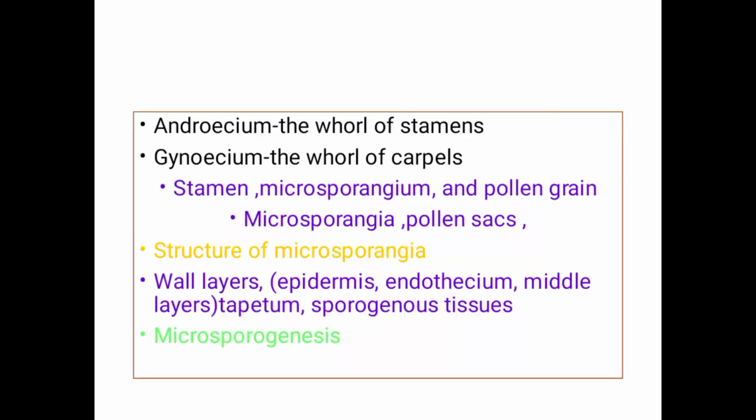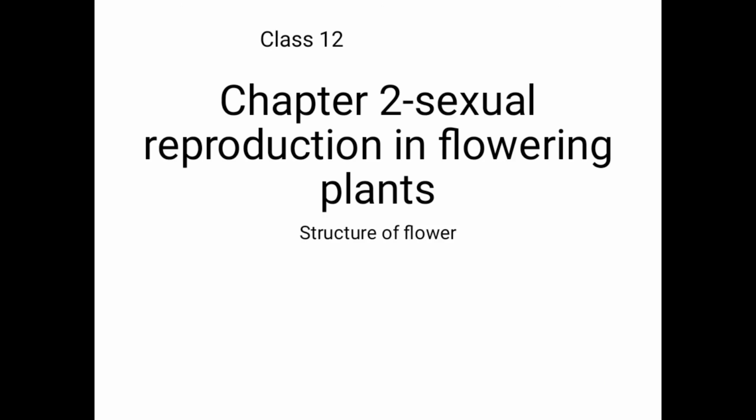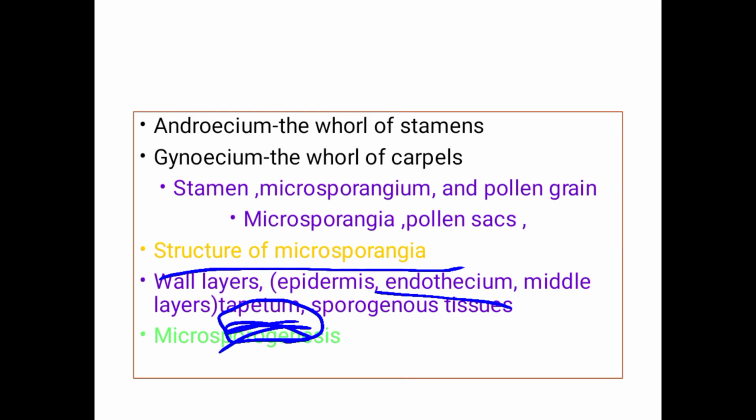So the structure of the microsporangium includes what all? The three wall layers. What are the three wall layers? Epidermis, endothecium, and middle layers, and the tapetum. Among these, the outer three wall layers have the function of protection and helping in the process of dehiscence.